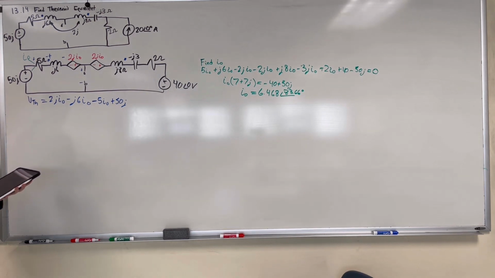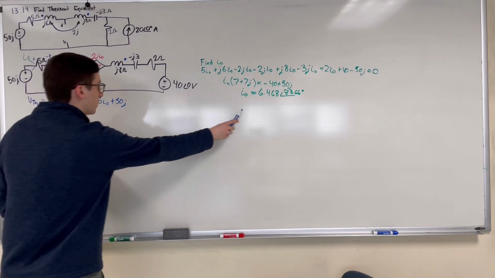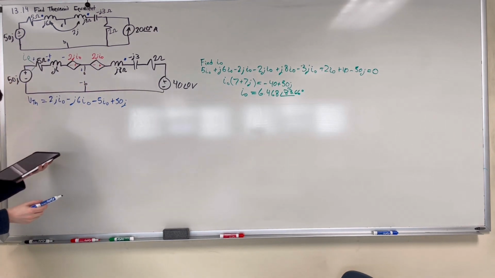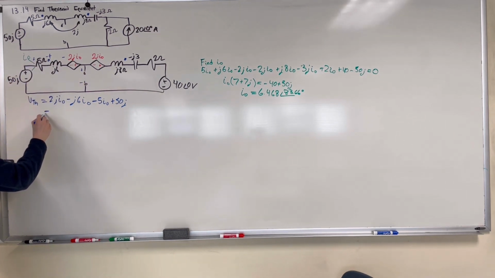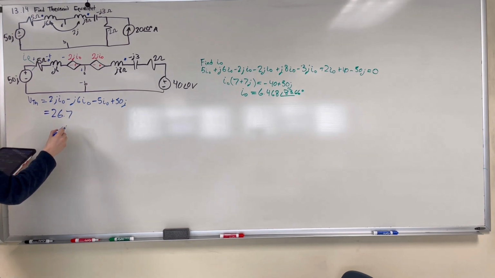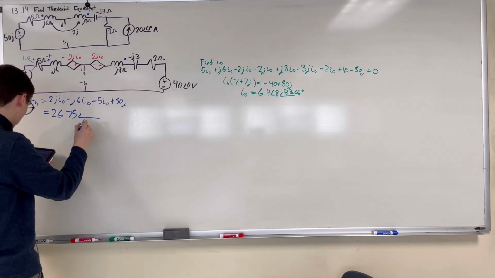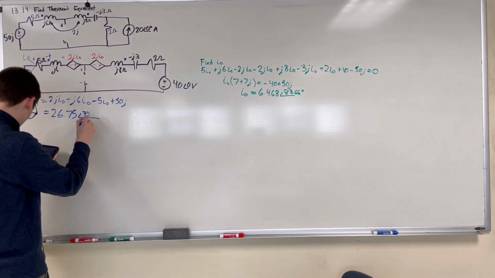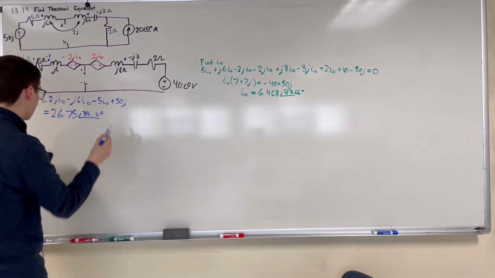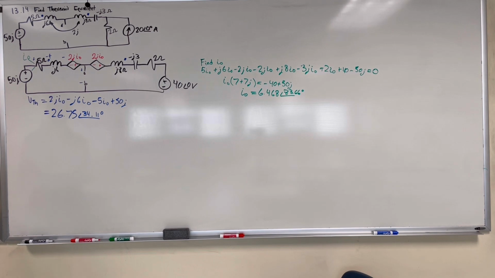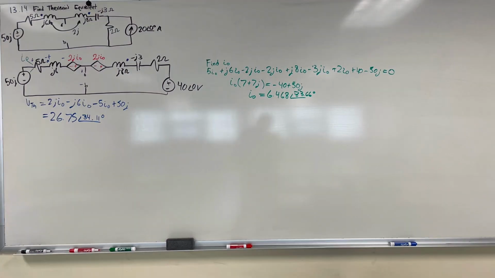All you have to do is punch in IO and substitute in for all these values, punch that into your calculator, and you'll get that VTH is equal to 26.75 with a phase angle of 34.11 degrees. Boom. We're halfway done, probably the easier part of the problem. And yeah, all right, moving on to ZTH.